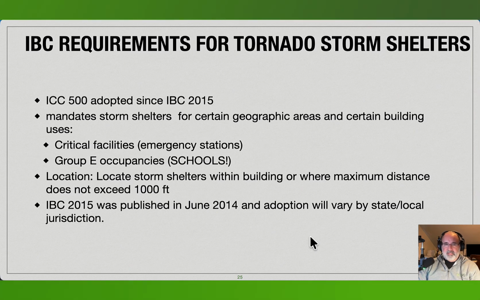And then IBC 2015 was published in June 2014 and adopted by various states and local jurisdictions. So I'd certainly recommend understanding what's in the provisions, even if it's not adopted by different local jurisdictions. I think there's a lot of very good, important information that we can utilize here to educate areas that maybe don't reference and utilize some of these documents or some of the most recent changes.